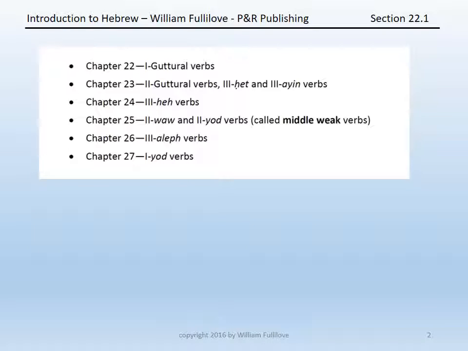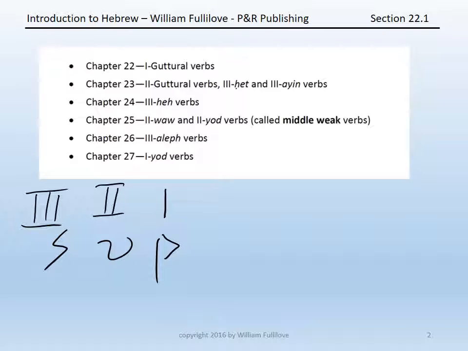These weaknesses are usually termed in terms of first, second, and third, in the sense of which of the 3 root letters the weakness occurs in. So first root letter, kof, in our typical paradigm form of katal, second root letter, tet, third root letter, lamed.